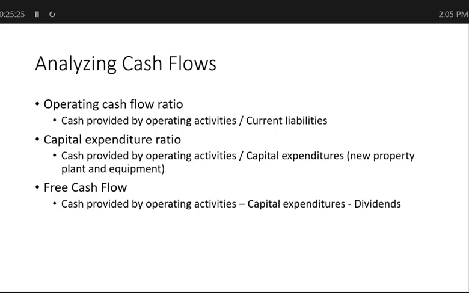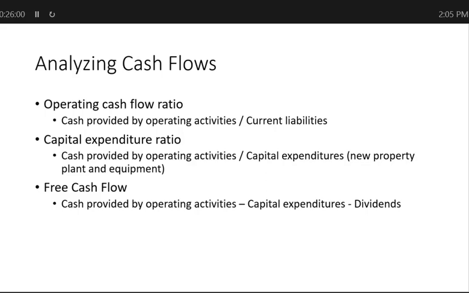And so we might calculate some ratios on the cash flow statement separate from those that we calculated on the income statement and balance sheet. So we might compare our cash from operating activities, the first section, and divide that by current liabilities from the balance sheet to see how much cash we are generating such that we can pay our liabilities. Are we making enough cash that we can pay off our bills?